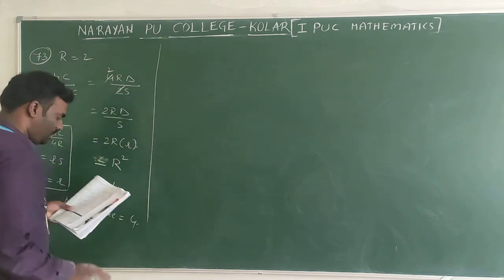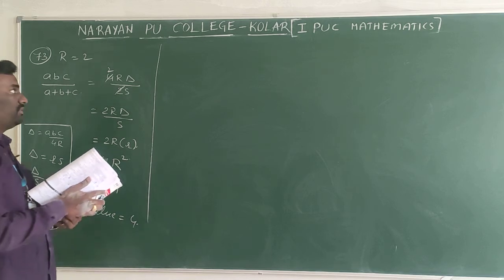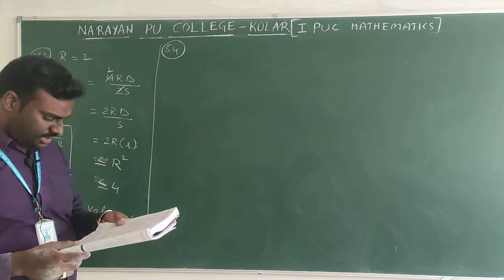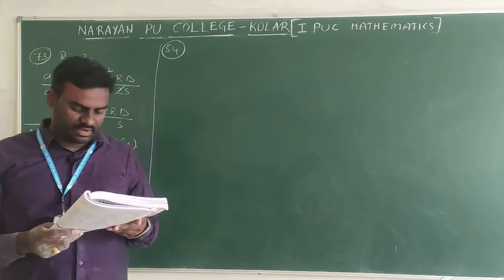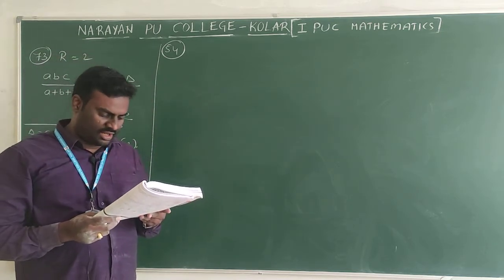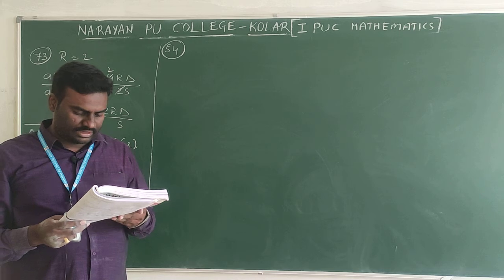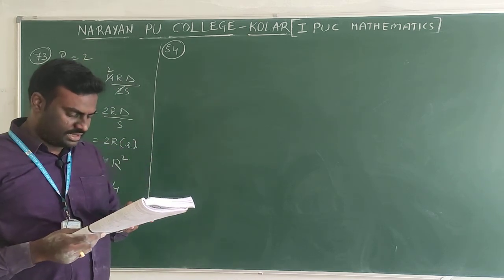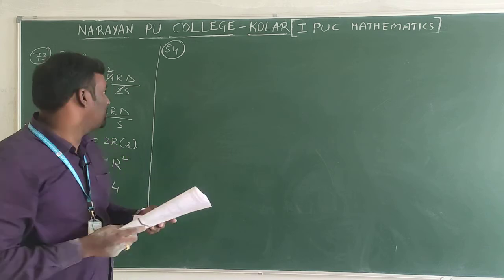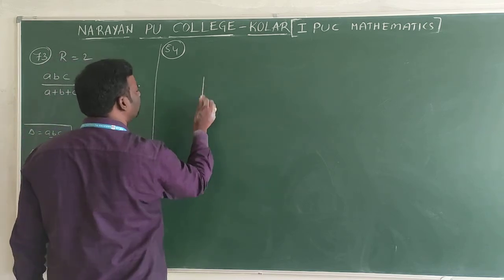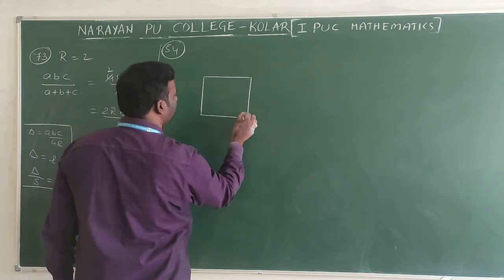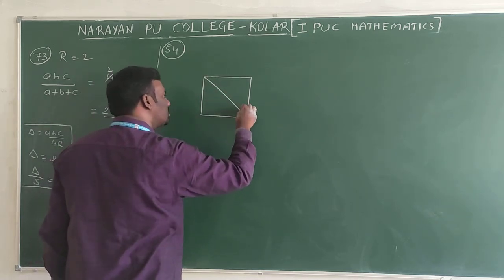Next, question number 54. Listen. Each side of a square subtends an angle of 60 degrees at the top of a tower of height h meters standing at the center of a square. This is the square.